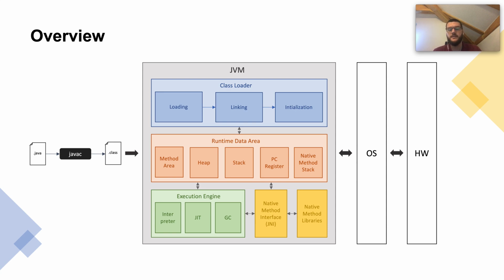So this is a somewhat complete flow, or life cycle, of a Java program. The primary components of the JVM, which we will cover in detail, are the class loader, runtime data area, and the execution engine.